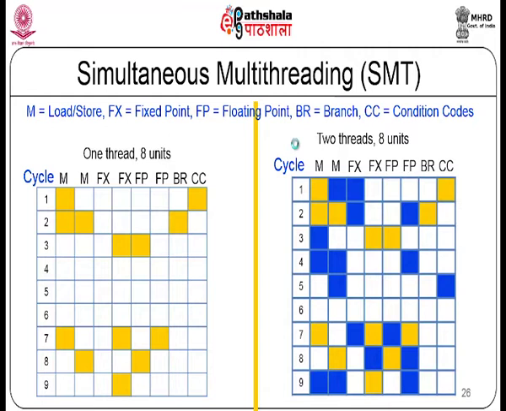When you look at simultaneous multithreading, shown on the right hand side, we are looking at the same functional units. The only difference is that we are looking at 2 threads of execution. You can see that during the first clock cycle both the yellow thread and the blue thread are issued: 2 instructions of the yellow thread and 2 instructions of the blue thread are issued in the first clock cycle.